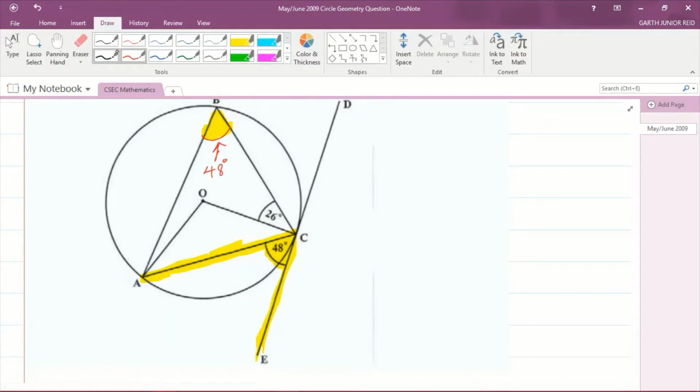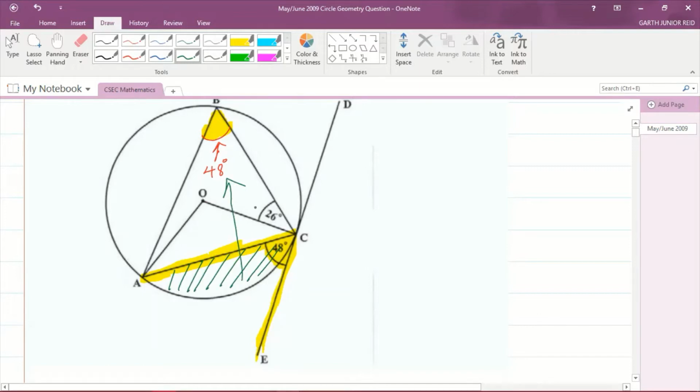So what we're saying is that the angle between the tangent and the chord, which is the angle in that segment there, is equal to the angle in the opposite segment. The opposite segment here is over there. The angle in the opposite segment is there, which is the 48 degrees.